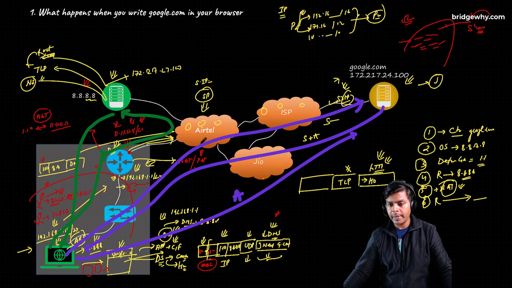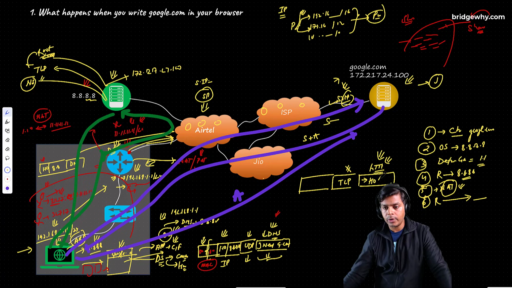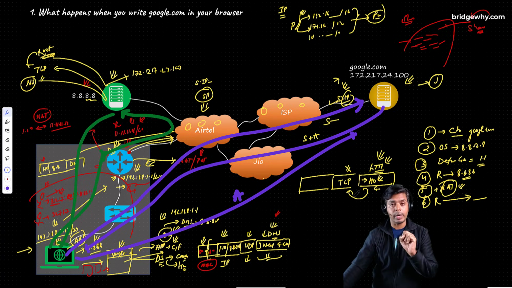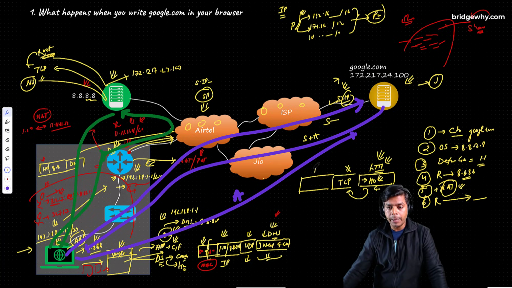So this HTTP message, I want to get your homepage using the GET request, will be encapsulated into TCP. By this time, you should understand the meaning of encapsulation. And then IP, where the source is going to be my 1.10, my machine address, and the destination will be 24.100, the last two octets of google.com, as simple as that.